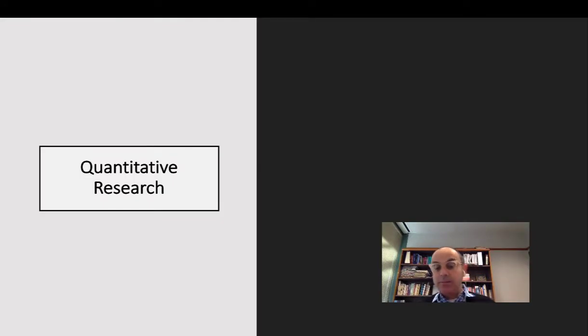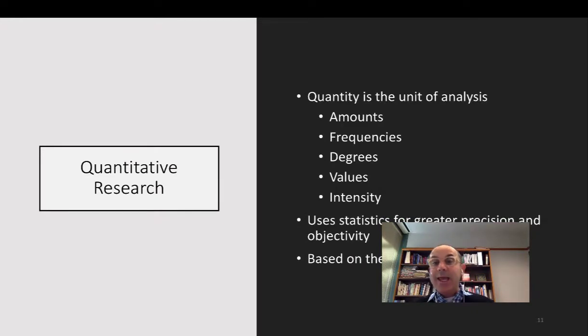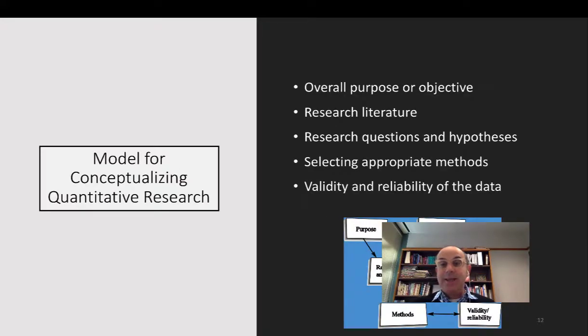In comparison, where the analytics come into play, it is about the amounts, the frequency, the degree, the value and the intensity. It's all about measurements, and we are trying to measure in large quantities in order to understand what it entails.